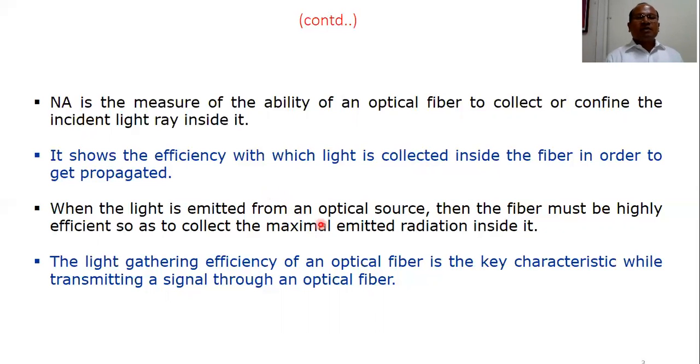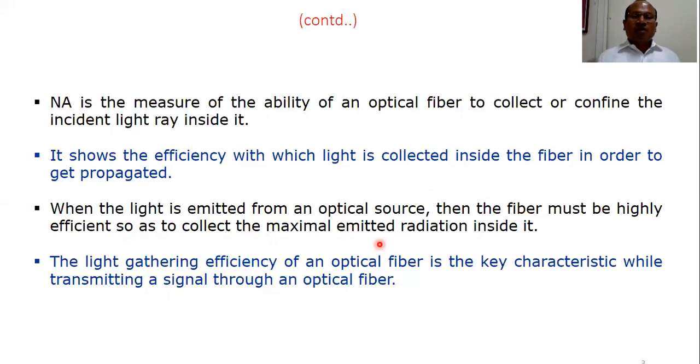When the light is emitted from an optical source, where do we get light from? We get it from the light source, that is optical source, maybe LED or laser, we'll study later. So the light is emitted from the optical source, then the fiber must be highly efficient so as to collect maximal emitted radiation inside it.